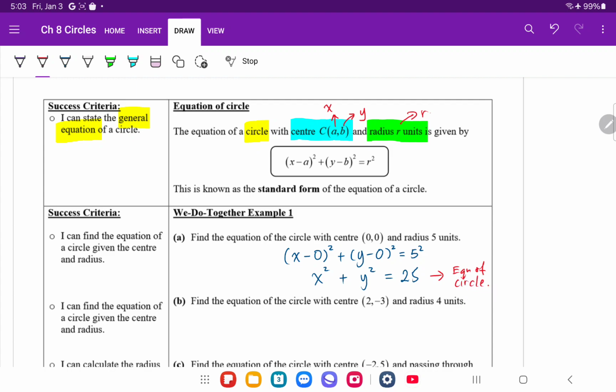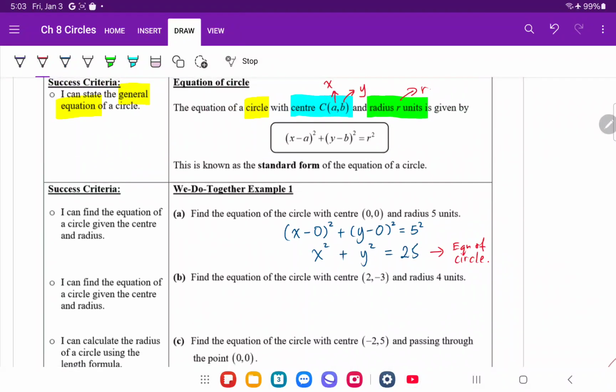Okay. Next. Now what happens if the center of the circle is no longer 0, 0? It consists of positive and negative values. The x is positive, the y is negative, and they give you the radius. Now what you need to do is, be careful, for the x value, x minus what you see there, so x minus 2 whole thing squared, plus y, okay, be careful here, because we wanted a minus, so what is y minus minus 3?